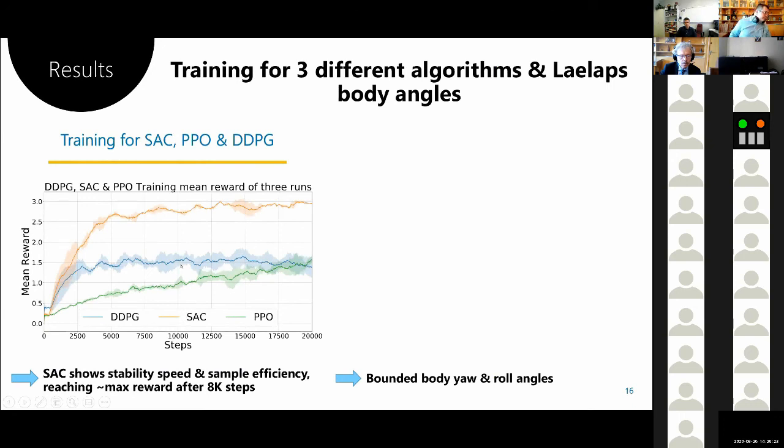As you can see on this diagram on the left, PPO needs 20,000 steps. SAC converges very fast after about 8,000 steps, and DDPG also converges fast, but with a lower mean reward. So for SAC and DDPG, it's about 3-4 hours, something like this. For PPO it is a lot more, 3 times more.